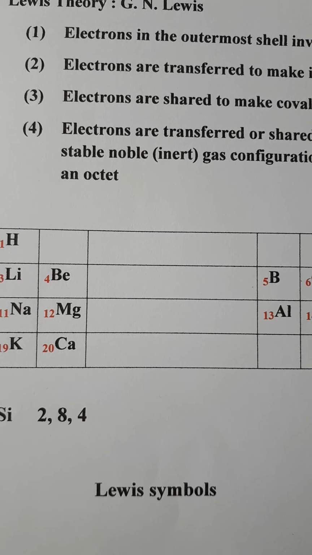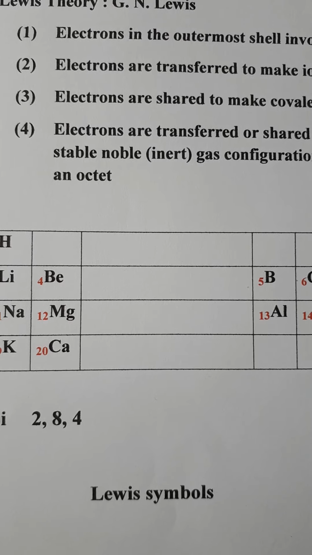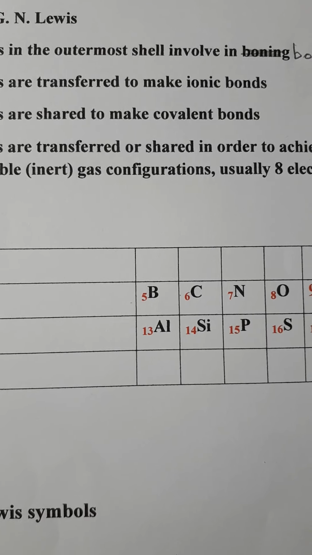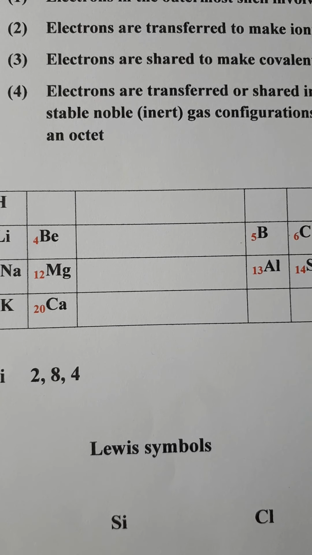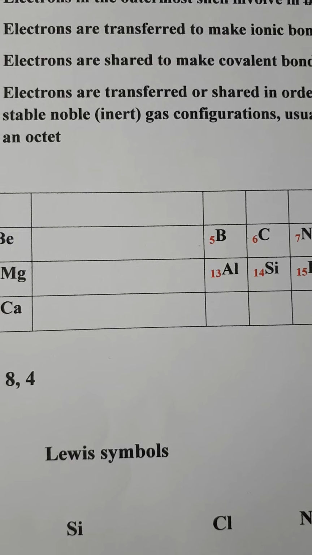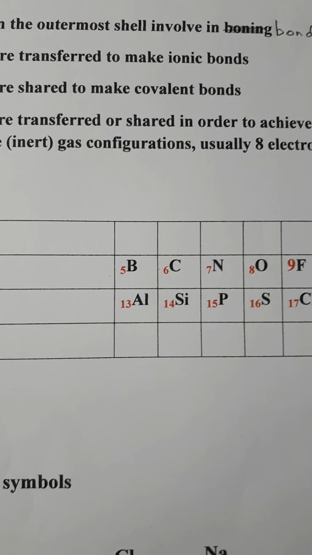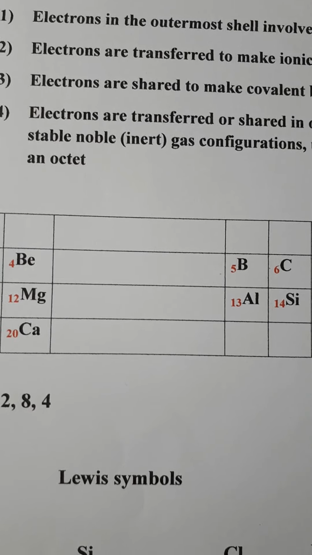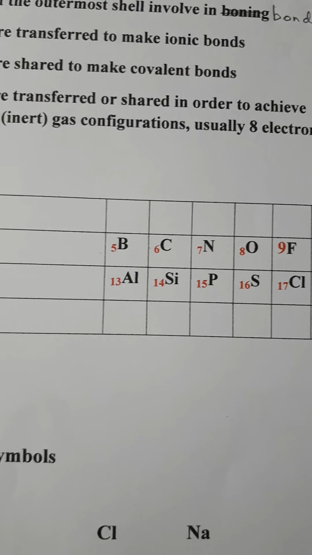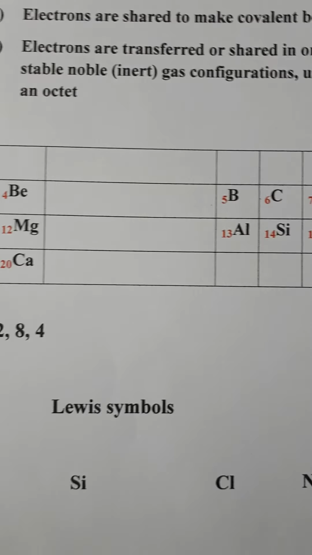Number 3, electrons are shared to make covalent bonds. Number 4, electrons are transferred or shared in order to achieve stable inert gas configurations, usually 8 electrons or an octet.